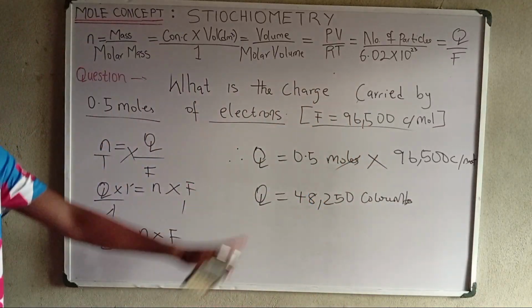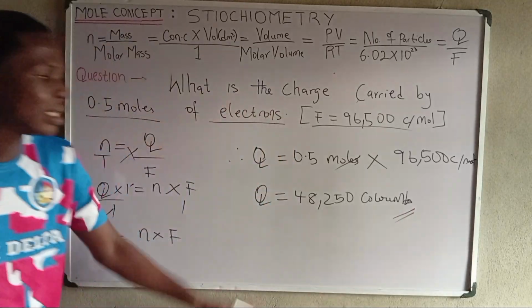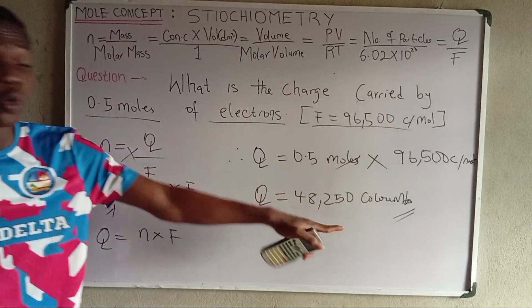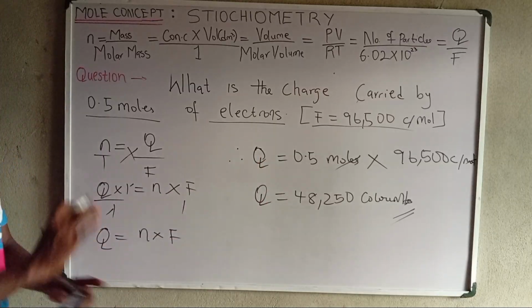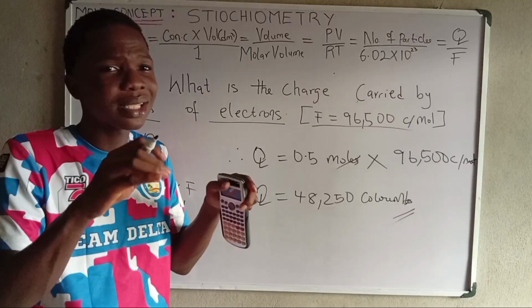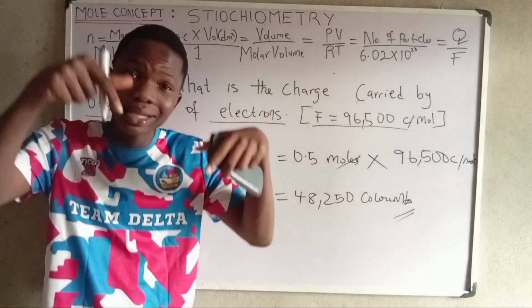Alright, now this is our answer: 48,250 coulombs. That's the quantity of the charge. Okay, so on that note, let me give you a final practice question in which you are also going to drop the answer here at the comment section.